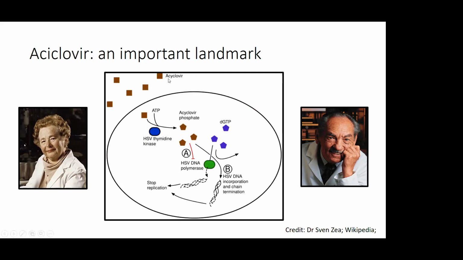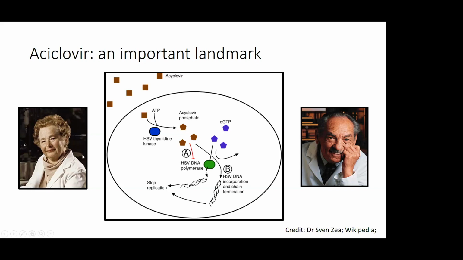It phosphorylates the prodrug, acyclovir, into acyclovir monophosphate before handing it over to cellular kinases to make it diphosphate and triphosphate. Then the molecule will inhibit the HSV DNA polymerase, stopping replication of the virus, and can also insert itself as a monophosphate into the growing chain and just terminate the chain, in a way similar to what we see in NRTIs, for example, in HIV.